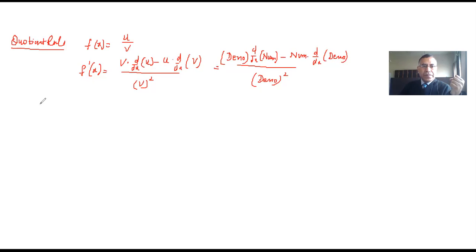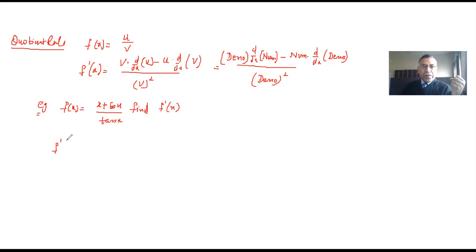For example, we have a function f(x) is equal to (x plus cos x) upon tan x. Find f dash x.